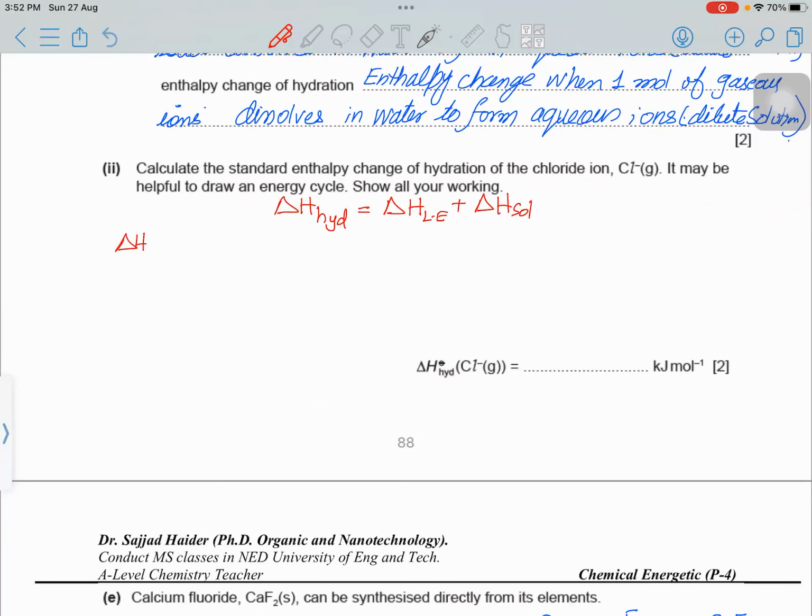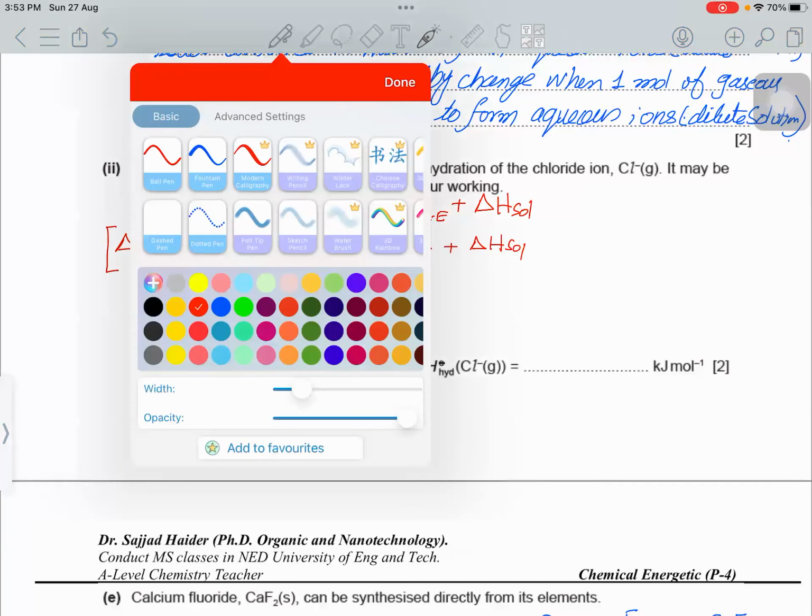So delta H hydration of calcium plus 2 times delta H hydration of Cl minus, because you have 2 chlorine atoms, equals lattice energy plus delta H solution.